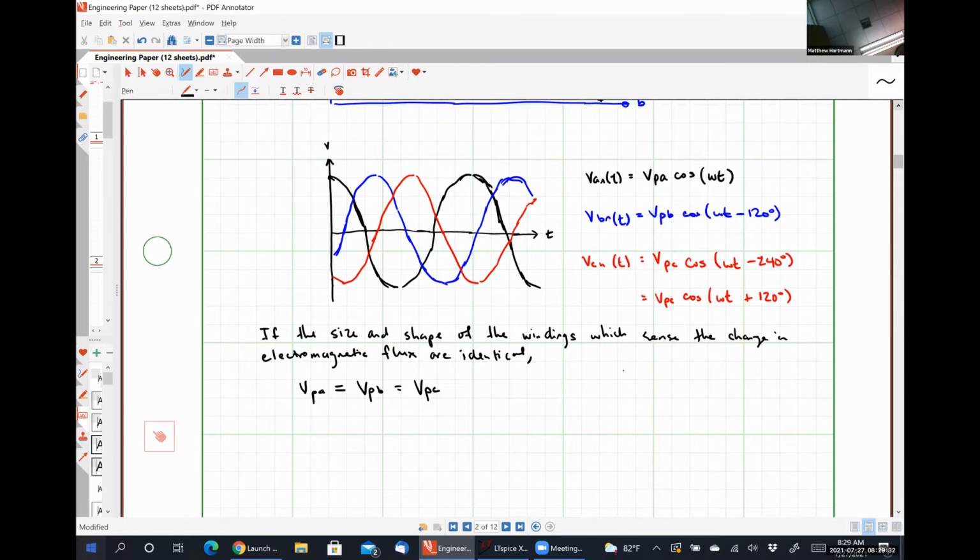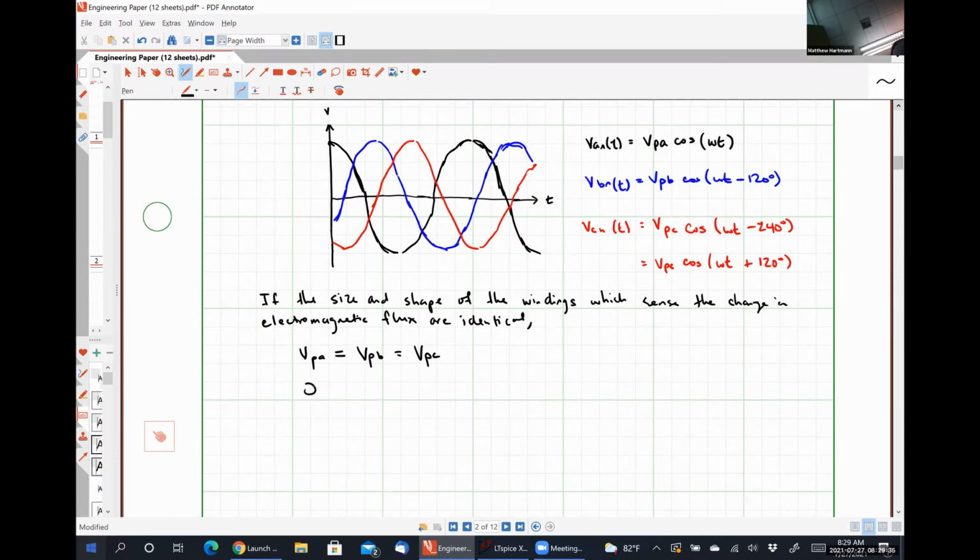If this condition is met and theta B is equal to theta A minus 120 degrees, and theta C is equal to theta A minus 240 degrees, we have what's called a balanced three-phase generator, or a balanced three-phase voltage source, okay?